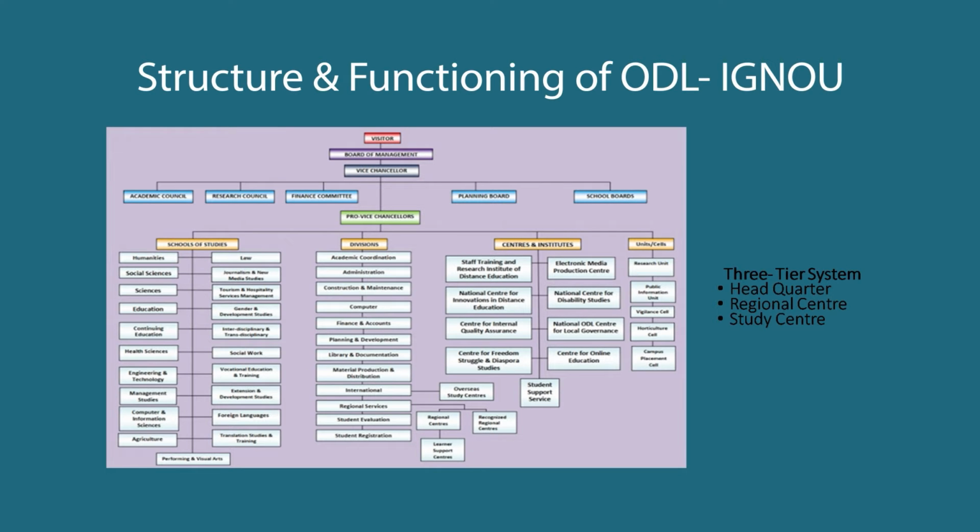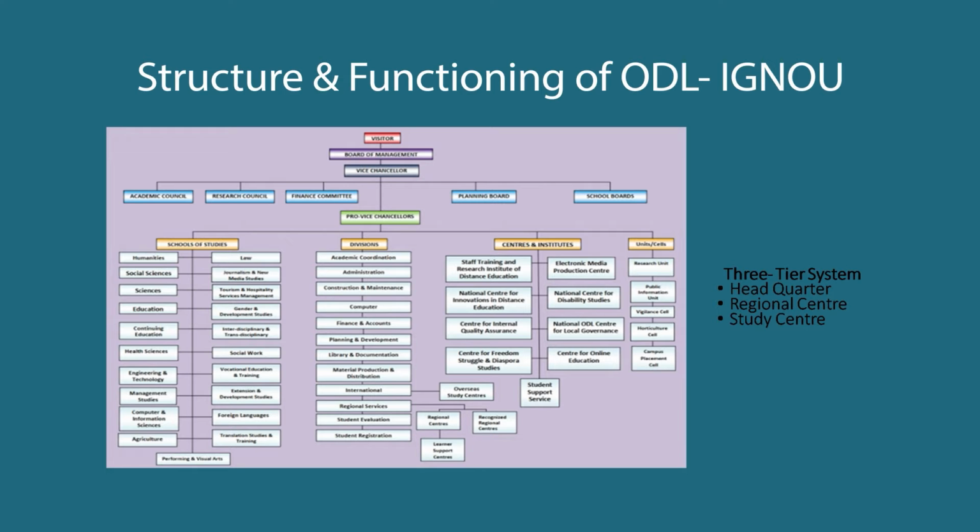So the faculties are housed at the headquarter. There are different divisions and different sections. To manage the regional centers, there is the regional services division. To manage the assessment activities, there is the student evaluation division.